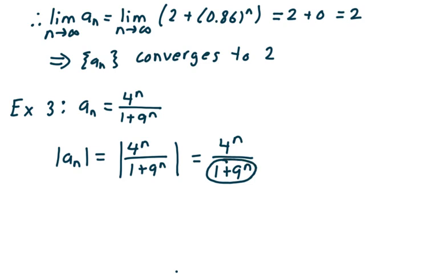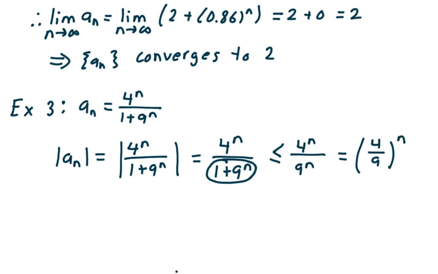If I make the denominator smaller and leave the numerator alone, the overall value gets bigger, right? So in other words, I can say that this is less than or equal to 4 to the n over 9 to the n, which is 4/9 to the n.